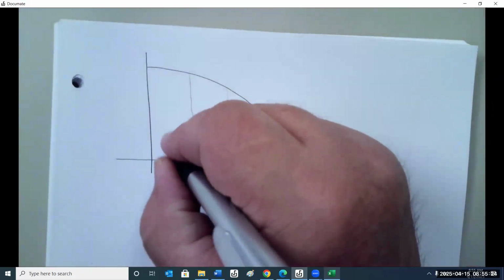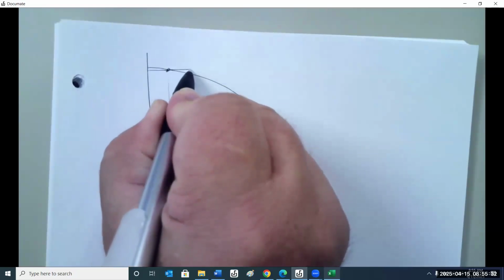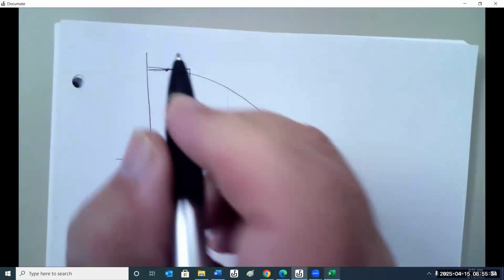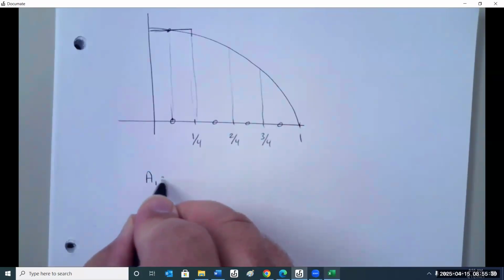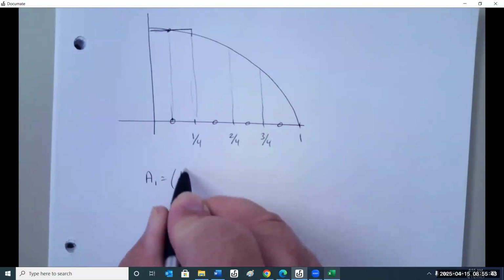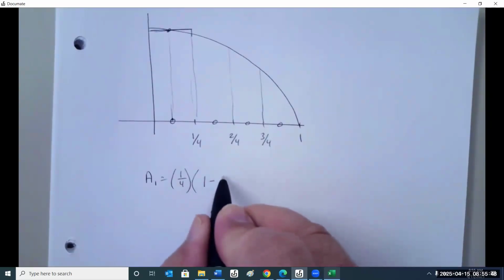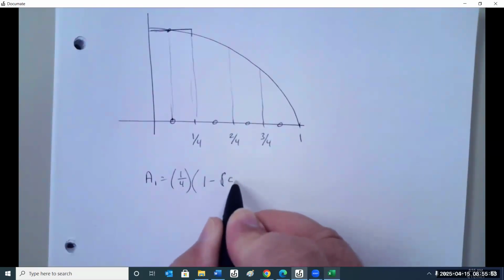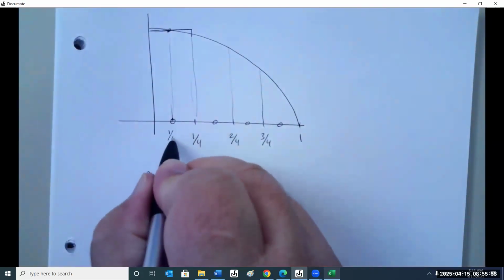And then from there, that is going to be our height. So our areas will be the same, 1/4, but now it's the midpoint. So this is 1/8.